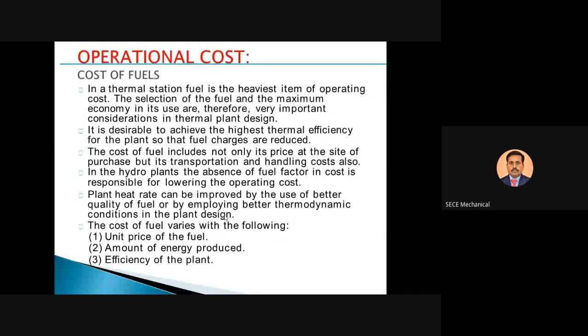So the cost of fuel includes not only its price at the site of purchase, but also its transportation and handling costs. That is why I told you yesterday we have to take care of the cost of fuel, because we have to transport the fuel from one point to our power plant.